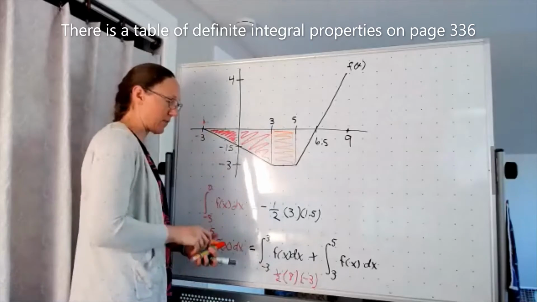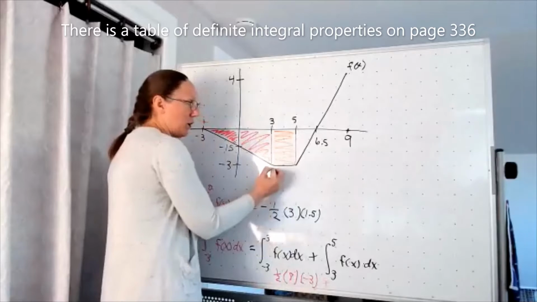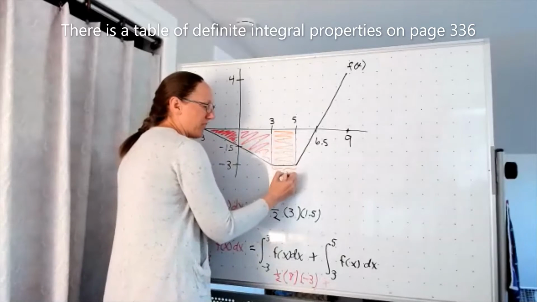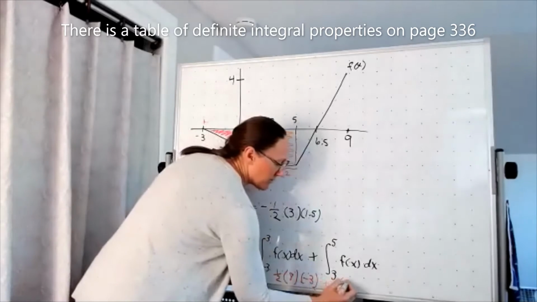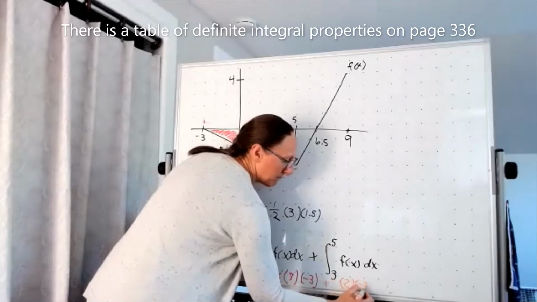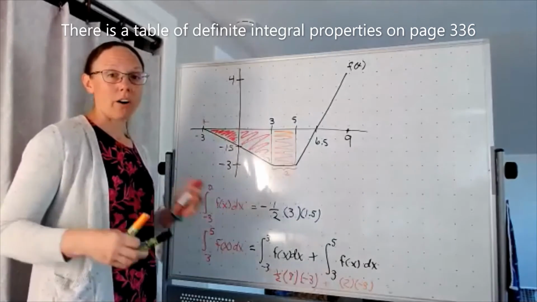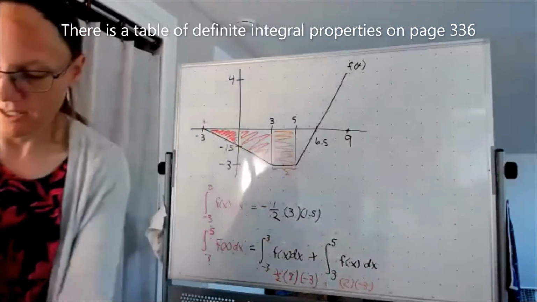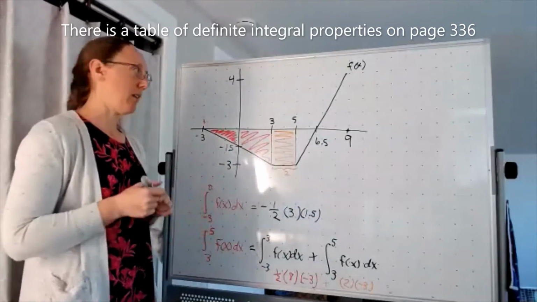For this next piece, for that rectangle, I know I'm looking at a base times a height. Well, the base of that rectangle is 2, and the height is -3. So I'd have 2 times -3.